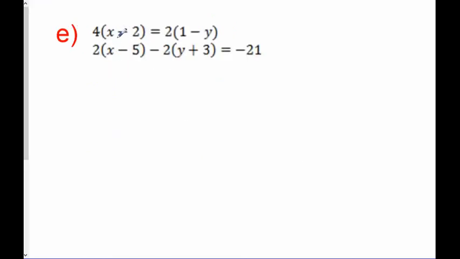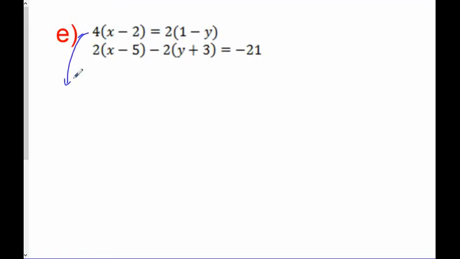We don't really have that in question E. So what I encourage you to do is expand all of these, and then let's simplify so we do have two equations that each have just 3 terms in them.